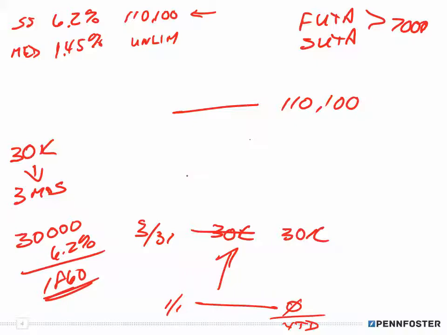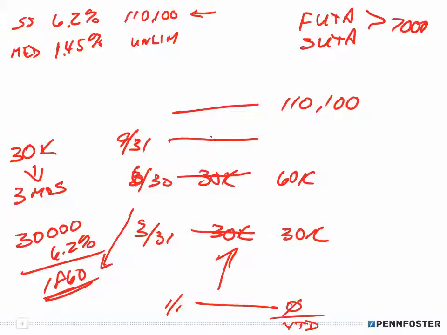Now, June 30th, they get paid $30,000 more. Is that $30,000 that they're paid below the $110,000 limit? Yes. So they're going to have $1,860 deducted, and their year-to-date is $60,000.